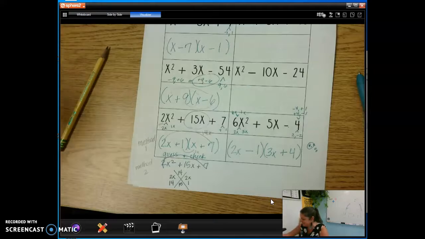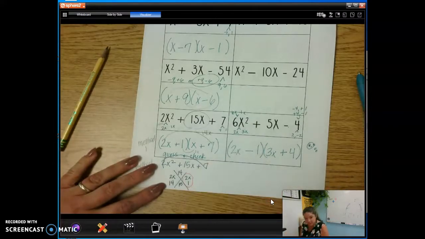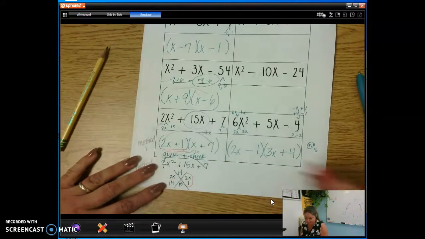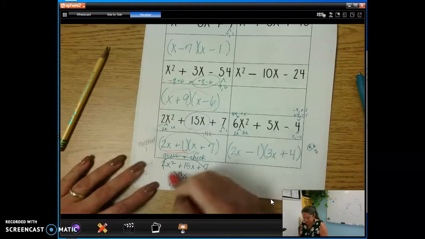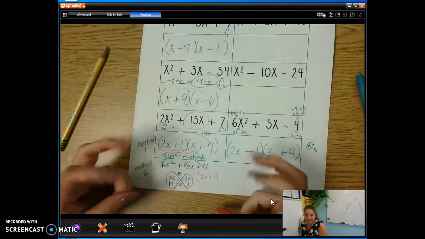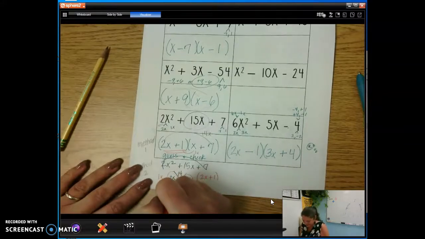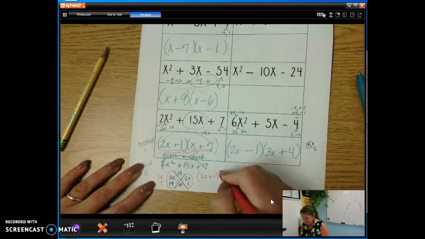This is what is just brilliant about it, okay? 2x plus 1 is this parenthesis right here. And so that's what you write, 2x plus 1. If I take 2x and 14 and I reduce it like a fraction, I'm going to get 1x and 7, and that's this parenthesis right here.